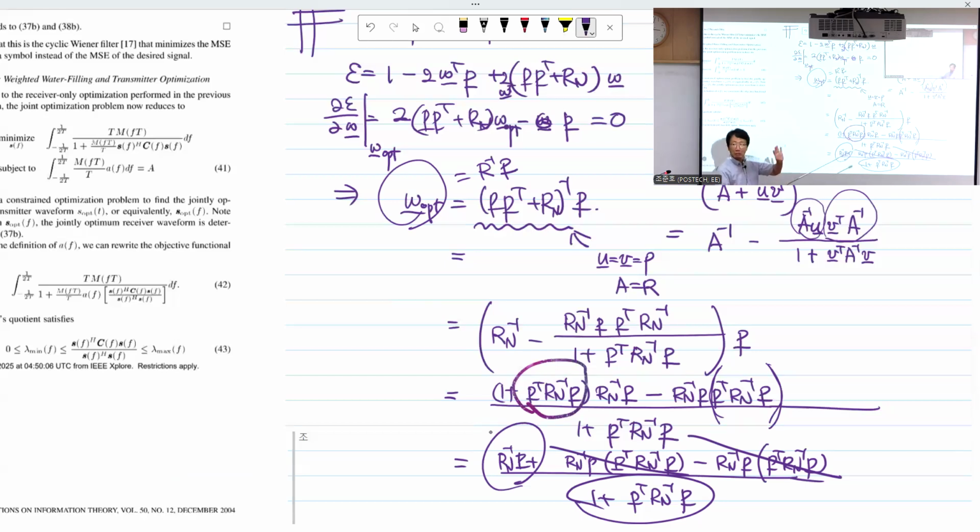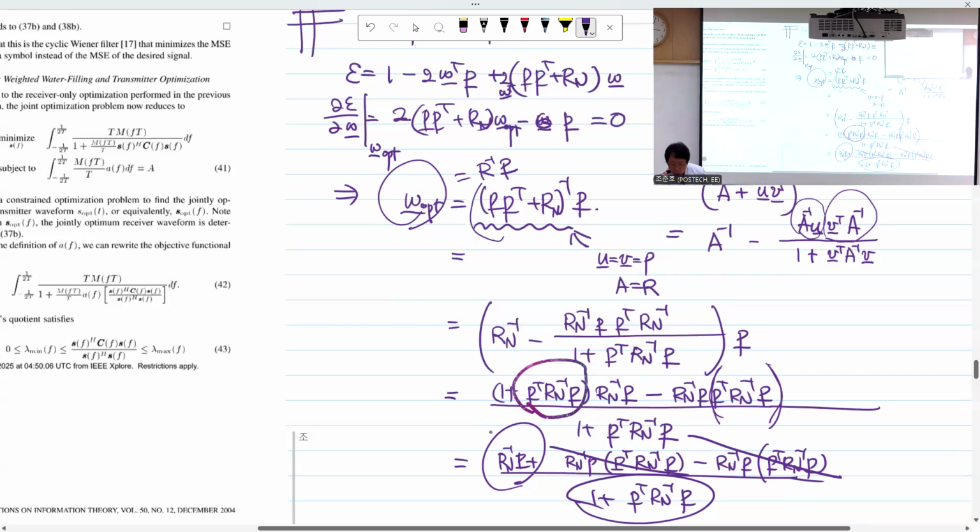Now it can be rewritten. This entire result says that optimal W can be rewritten as what? The correlation matrix of interference, unwanted signal, inverse times P, properly scaled by a scalar. Got it? They are the same, amazingly. See that? We have this term that only affects here.